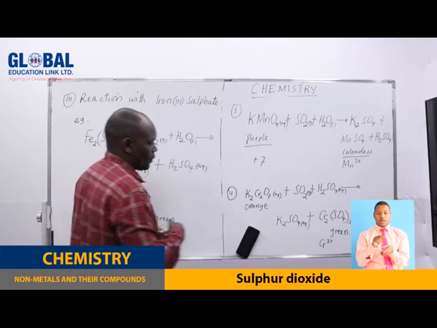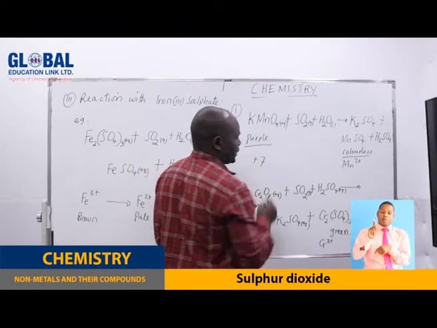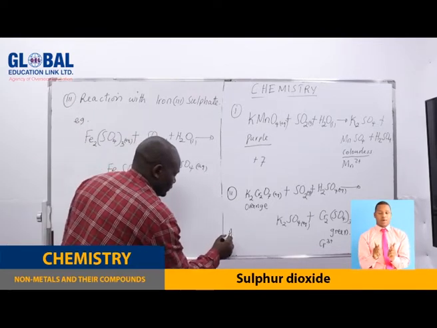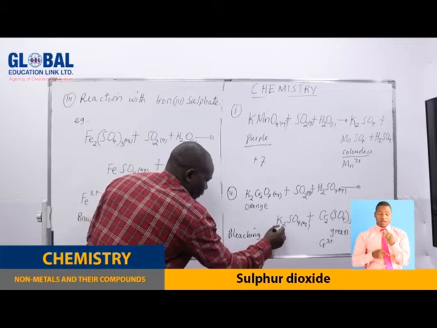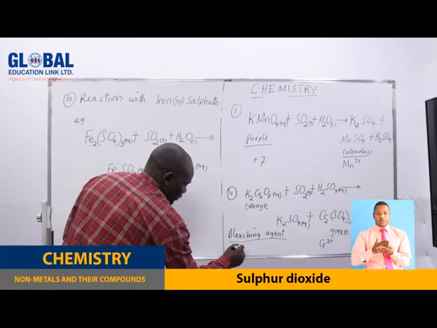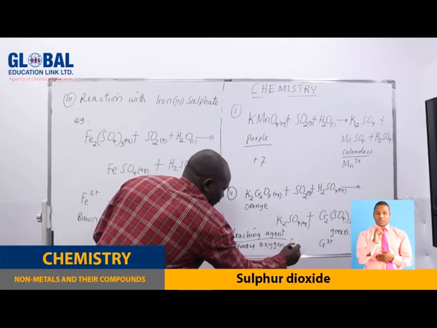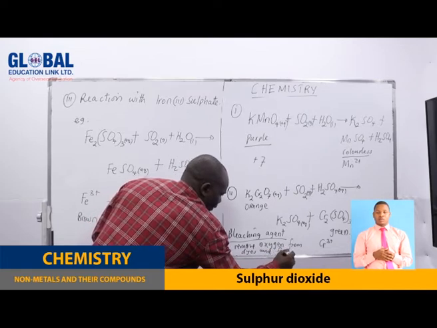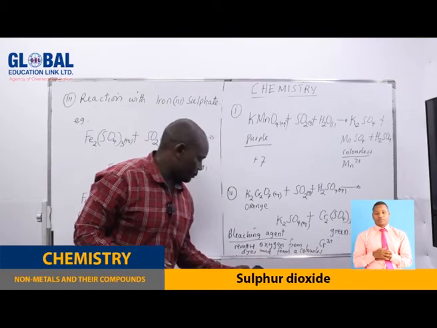But in solution, where we were talking about the reaction between potassium permanganate and sulfur dioxide, in aqueous solution, sulfur dioxide acts as a bleaching agent, which means it can remove oxygen from dyes and form a colorless compound, and it is used in bleaching fibers.